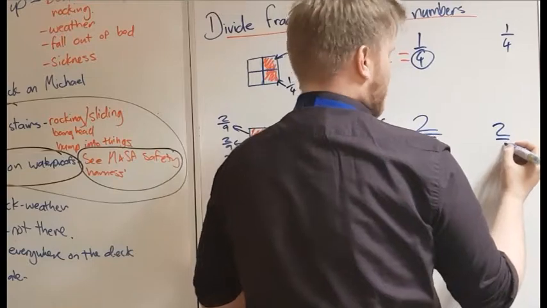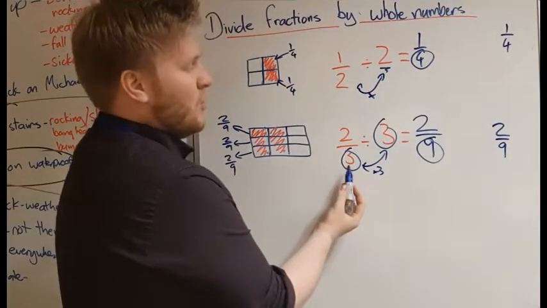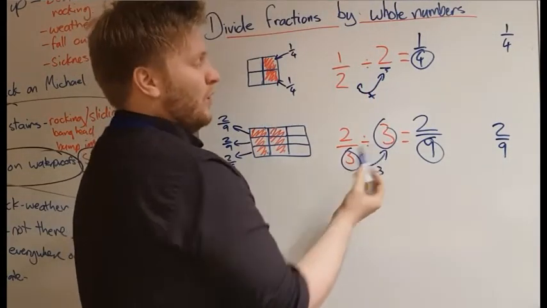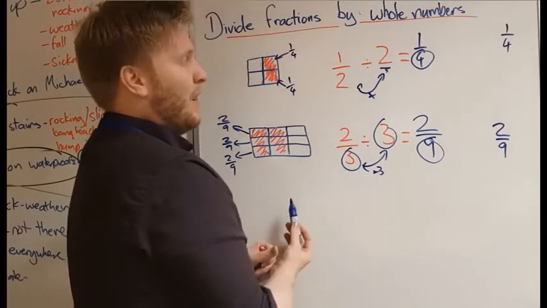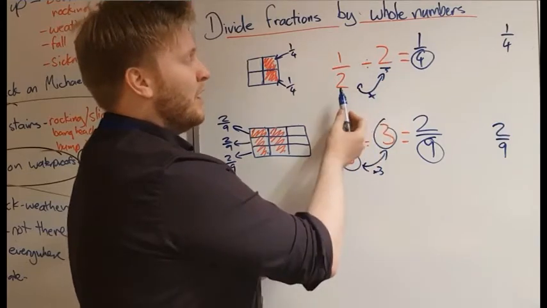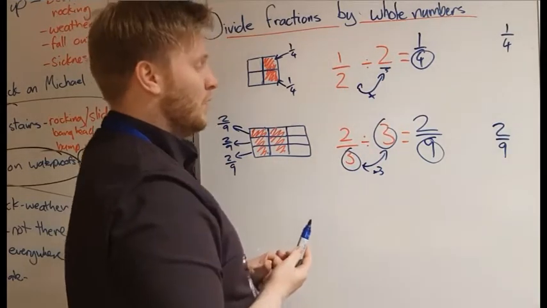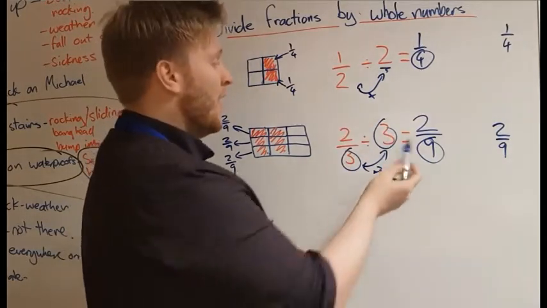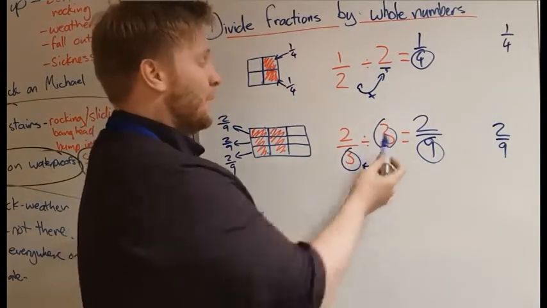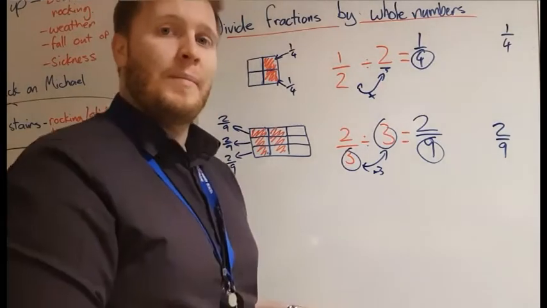What we have to do is multiply our denominator by the whole number we're dividing by. So if you're dividing by 3, you multiply your denominator by 3. Dividing by 2, you multiply your denominator by 2. So on and so forth. Dividing by 4, multiply by 4. Dividing by 5, you multiply your denominator by 5.